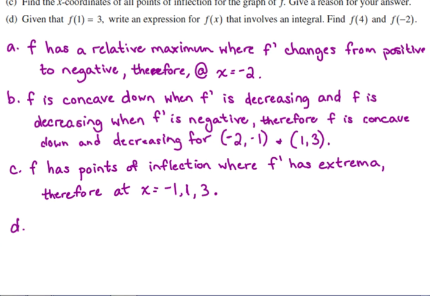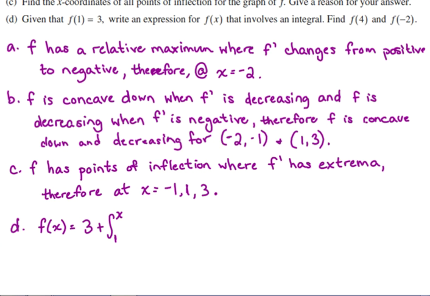Given that f of 1 equals 3, write an expression for f of x that involves an integral. So this is a lot of what we were doing yesterday. F of x is equal to, they gave us an initial value of 3 plus the integral from that initial value, which is at an x of 1. So 1 is your lower limit. We're looking for a general expression here.